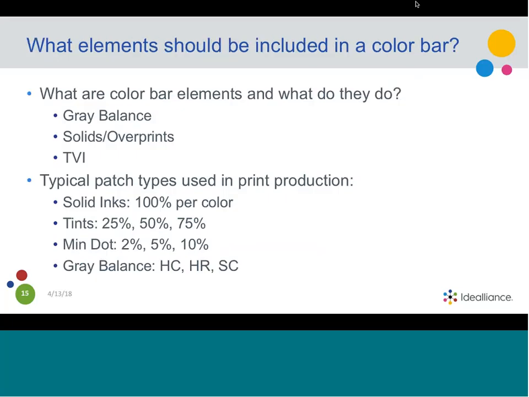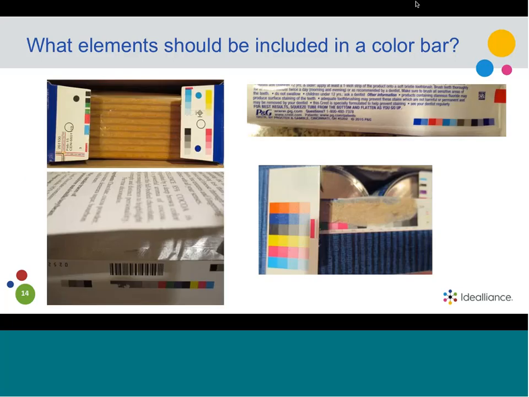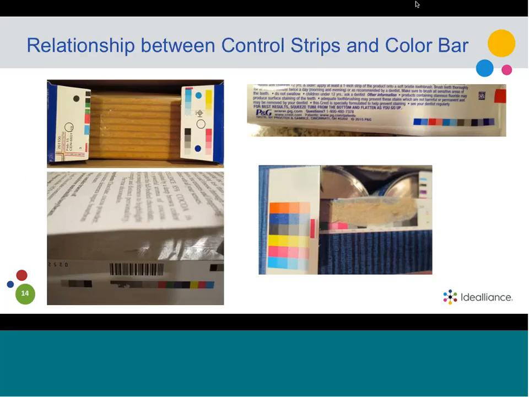And that brings up the question of what should be in a color bar. The main things, and it really depends on how much space you have. Across the press sheet, you have quite a bit of space, so you can put a lot on it. But those little ones, like on the graham cracker box or places like that, have only a little bit of space, so they have to actually pick what they look for.